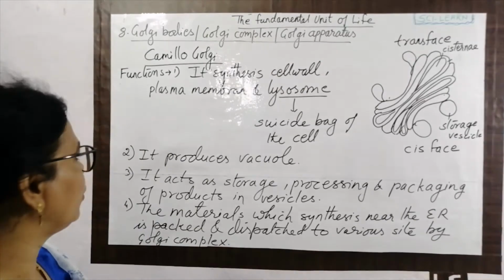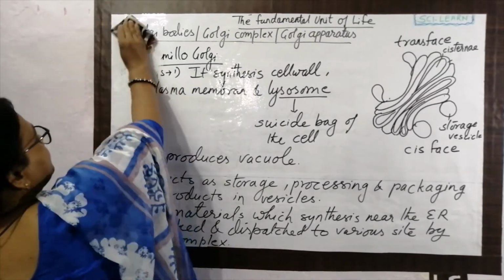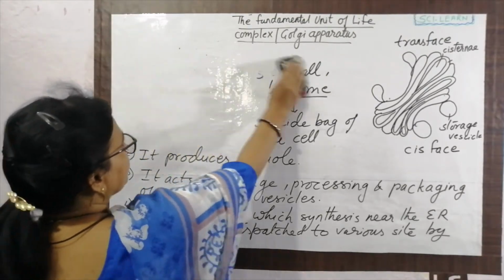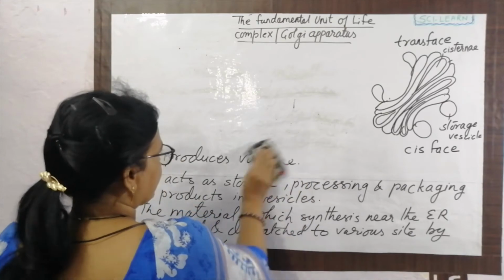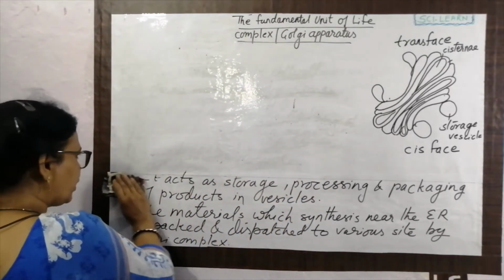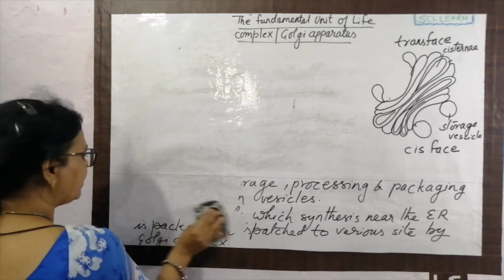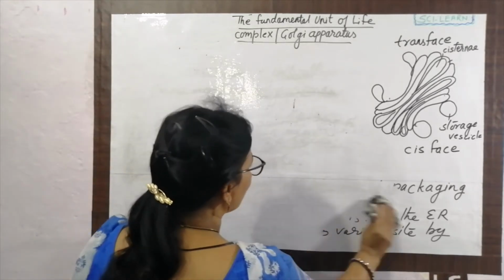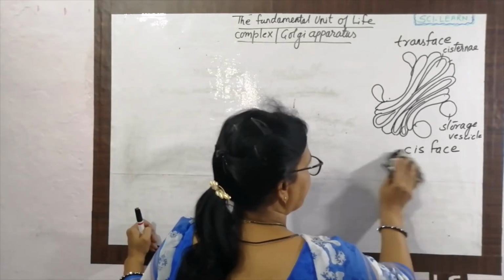Now our next cell organelle is the vacuole. It is very prominent in the plant cell. It is nearly absent or not visible in animal cells.